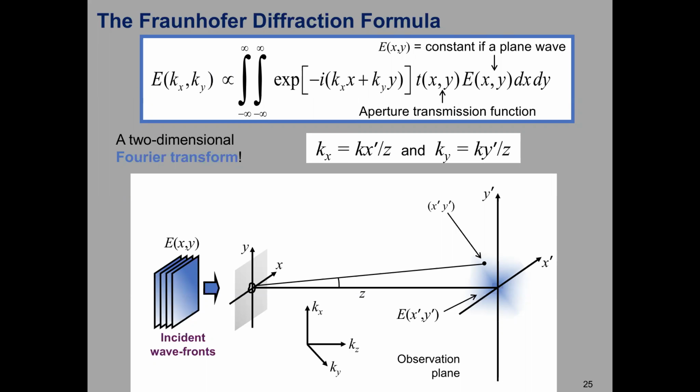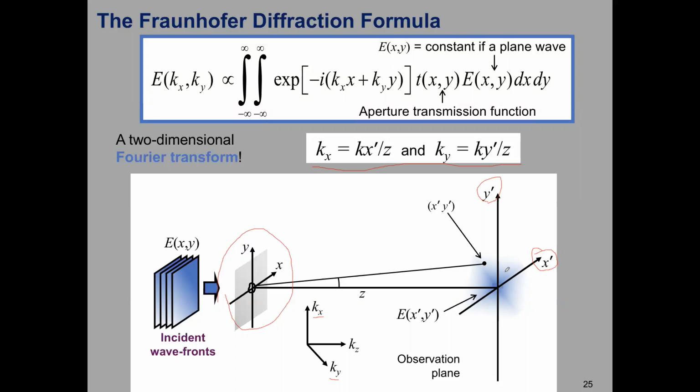The variables we're integrating over for the Fourier transform are x and y. So we are integrating over these variables, which will give us a function of kx and ky, which, when we use these formulas to convert, will give us our electric field and thus our intensity as a function of the coordinates on the viewing screen.